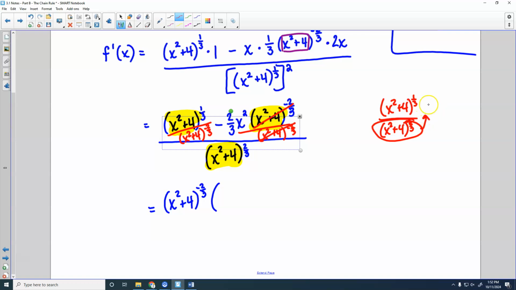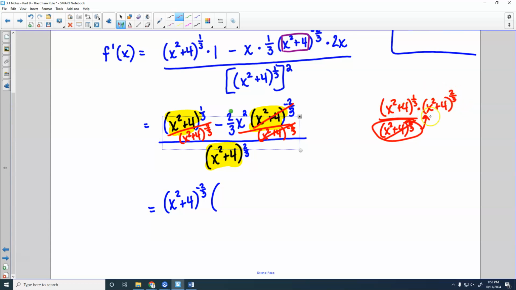I think of it as moving it up to the top, so we've got x squared plus 4 to the positive 2/3. And then when I put those two together, what will I get? 1, right? 1/3 plus 2/3 is going to give us 1. You add those exponents because they have the same base.